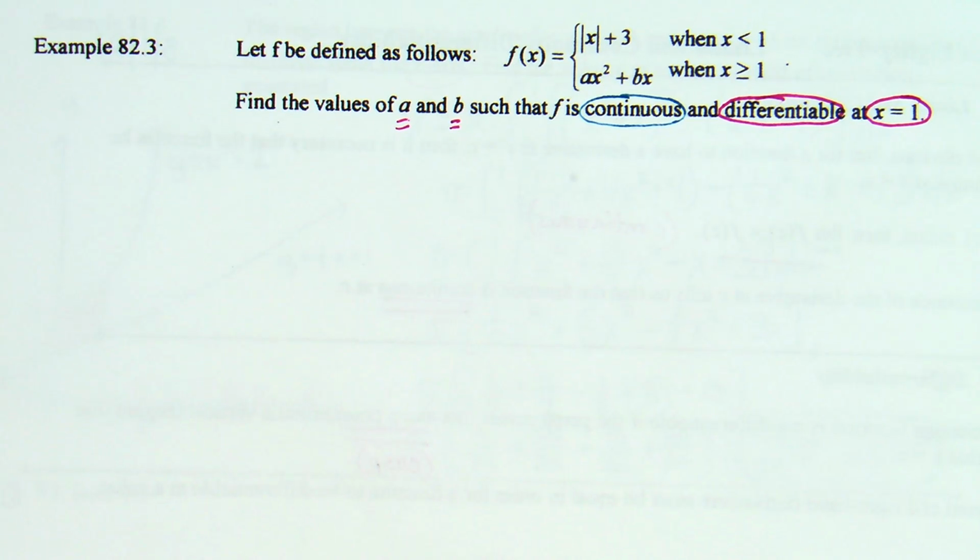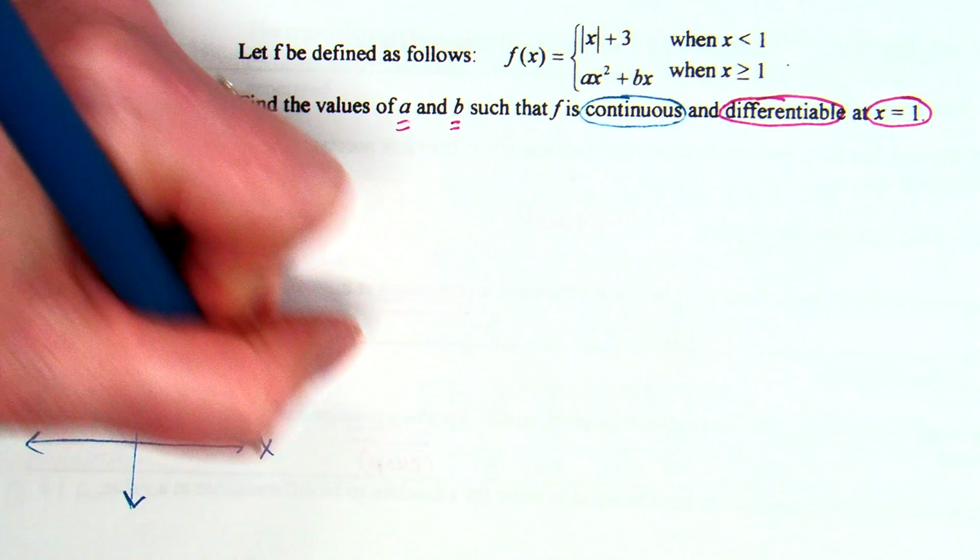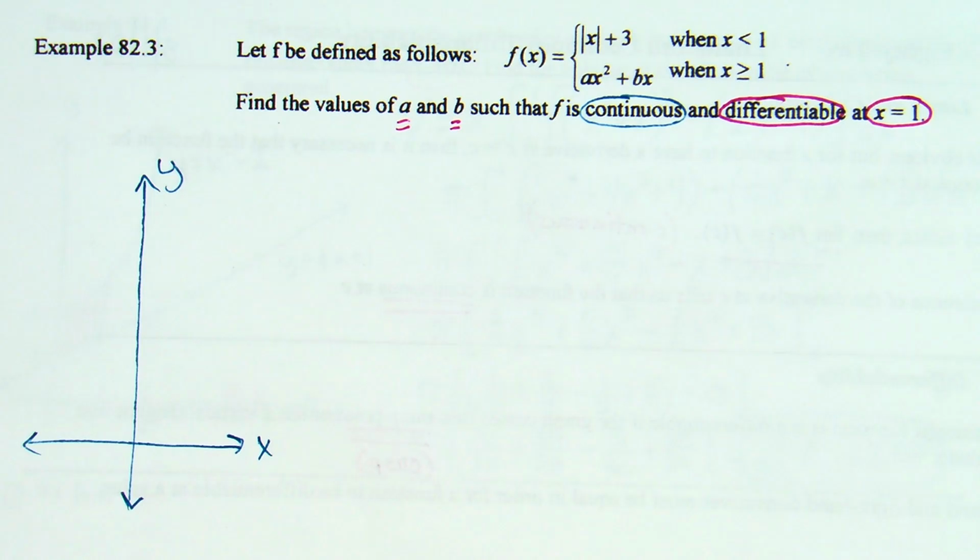Can you visualize the graph here? Absolute value of x plus 3 is what? A v with an intercept of 0, 3. So a v pushed up 3.